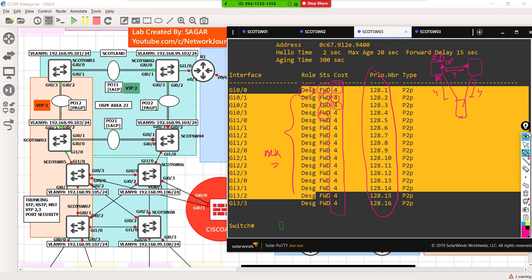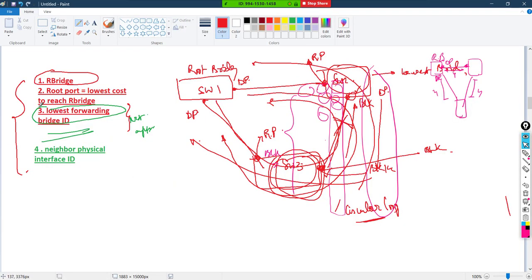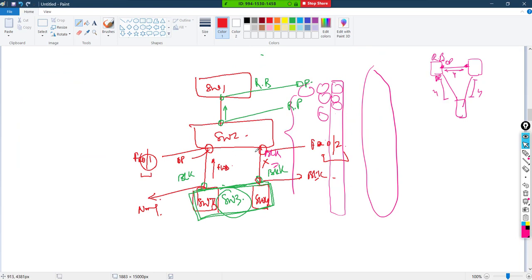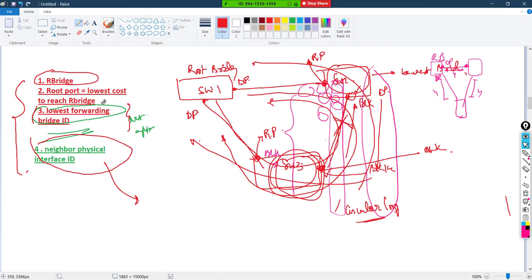Do you remember the last criteria, the fourth criteria? I said that while discussing this scenario, this particular tiebreaker, lowest forwarding bridge ID, was not effective. So I said we will go with the neighbor's physical interface ID.